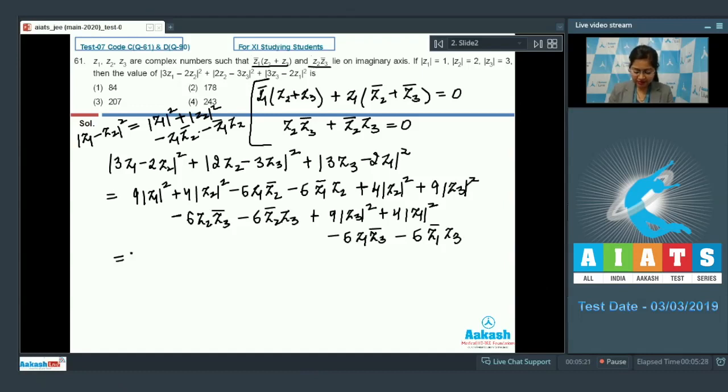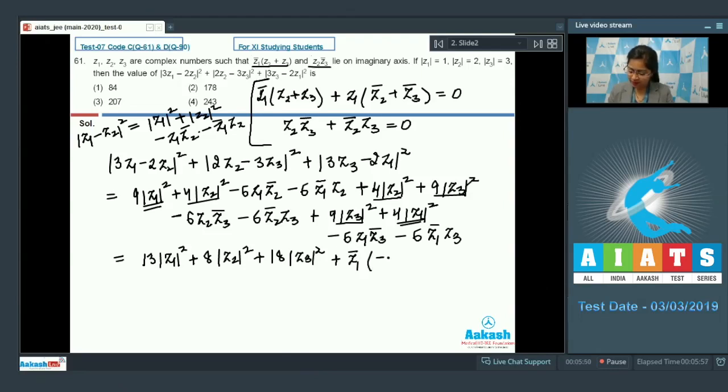Now, this can be written equal to 9 mod Z1 whole square plus 4, that will give me 13 into mod Z1 whole square plus, similarly adding these two, we will get 8 times mod Z2 whole square plus we will get 18 into mod Z3 whole square. Now, from the rest of the terms, let us firstly take Z1 bar common.